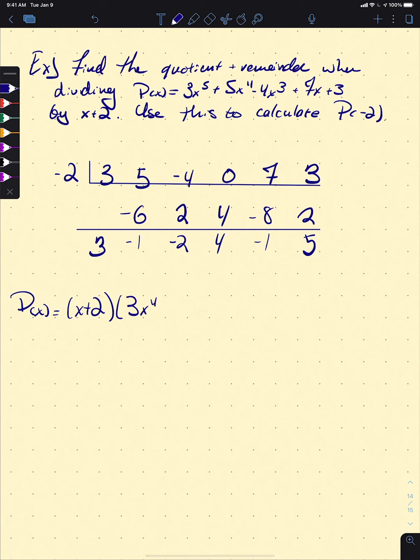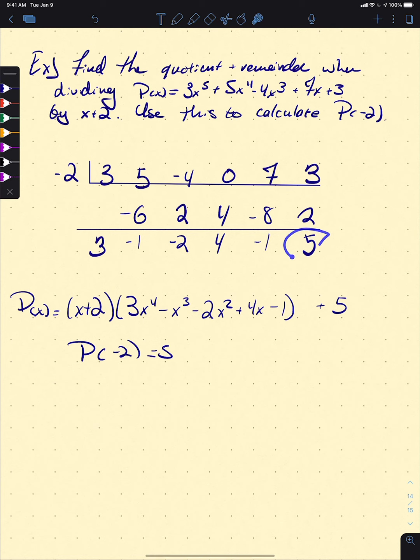Looks like we're going to have 3x to the fourths, -1x cubes, -2x squareds, 4 x's, and a -1, and then a lowly 5 is right there at the end. But as we just saw, we can read off right away that p of -2 equals 5, right? Either by just looking here, or again noticing that -2 makes this term 0. 0 times anything, well, is also 0, so that thing goes away and we're left with just 5.